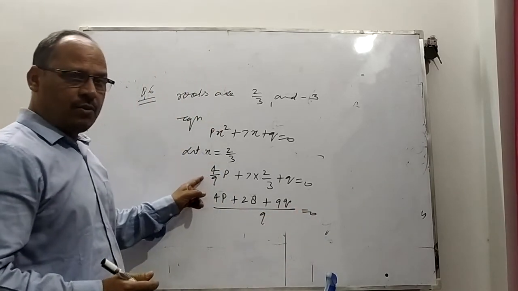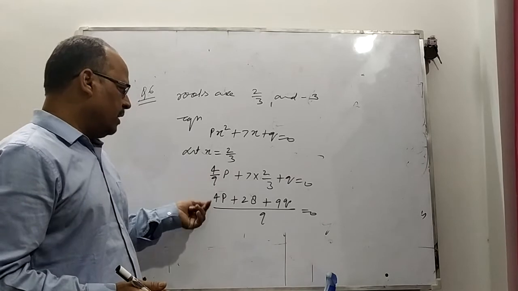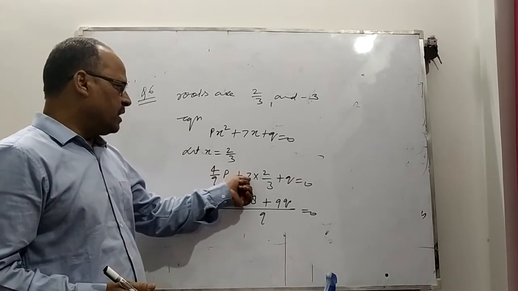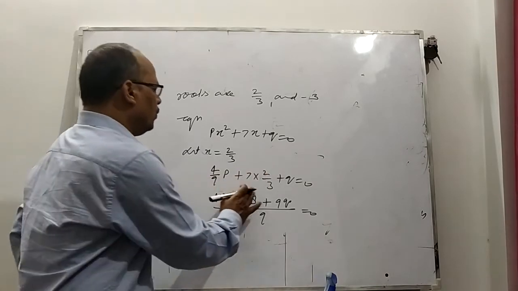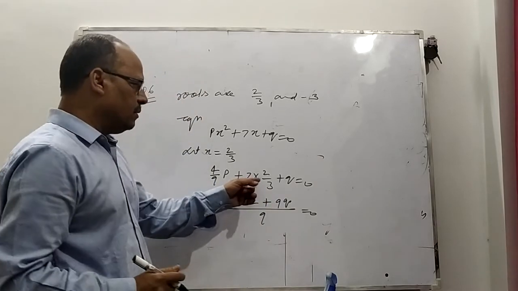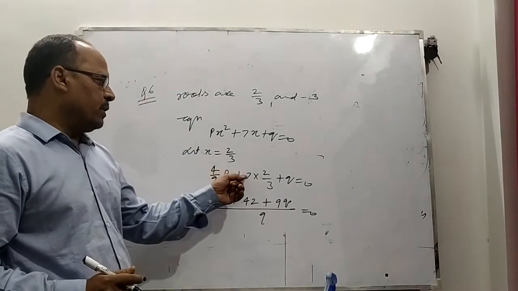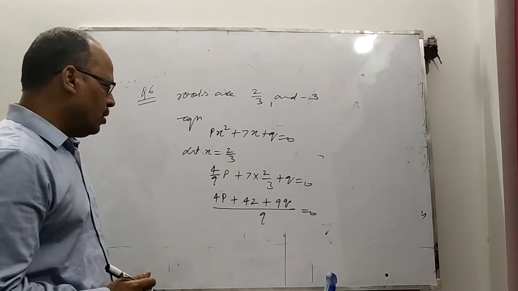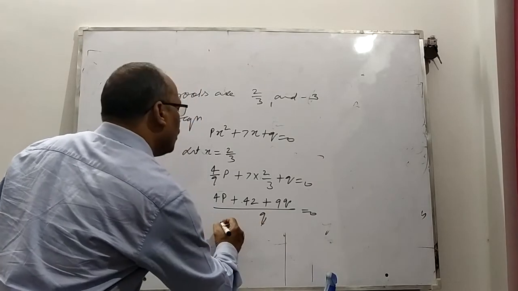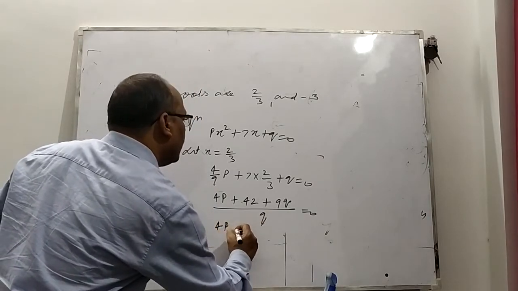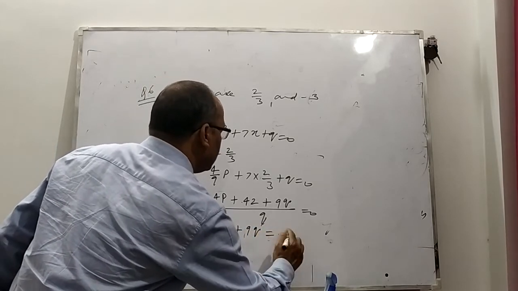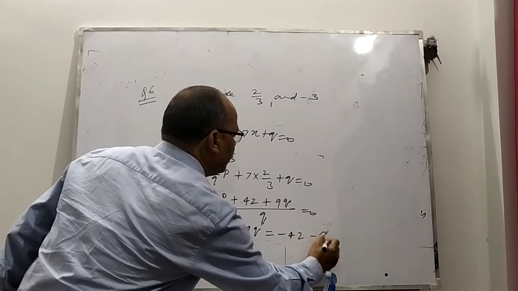I have taken the LCM, it will be 9, and then we satisfy this. So what you are getting here: 4p, 7 into 2 is 14, 14 times 3 is 42. Now 4p plus 9q equal to minus 42. This is the one equation.